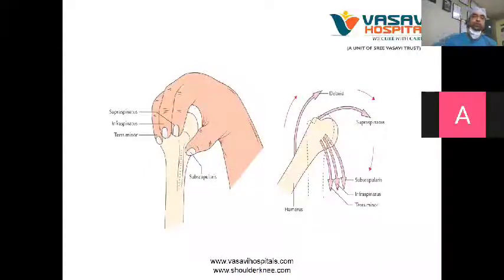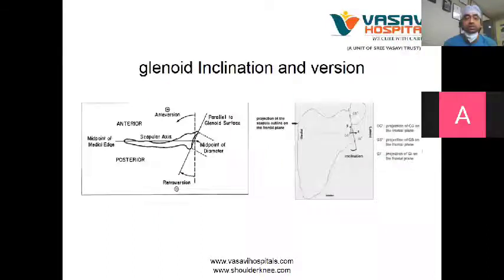The deltoid pulls the head of the humerus away from the glenoid, and the rotator cuff counteracts the force the deltoid applies and depresses the humeral head, and that is how the humeral head stays within the glenoid. The glenoid is a very small articular surface. For the humerus to stay within the glenoid requires the balancing of the muscles which act on it, meaning the deltoid as well as the rotator cuff muscles.